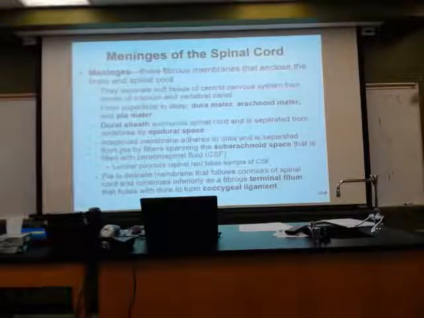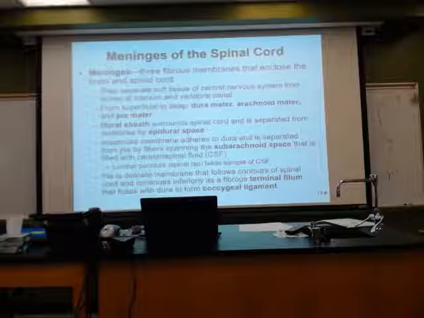And then, in between the arachnoid and the pia, we have something called the CSF, the cerebrospinal fluid, which is very important, okay? And this fluid has all this access to these blood vessels.